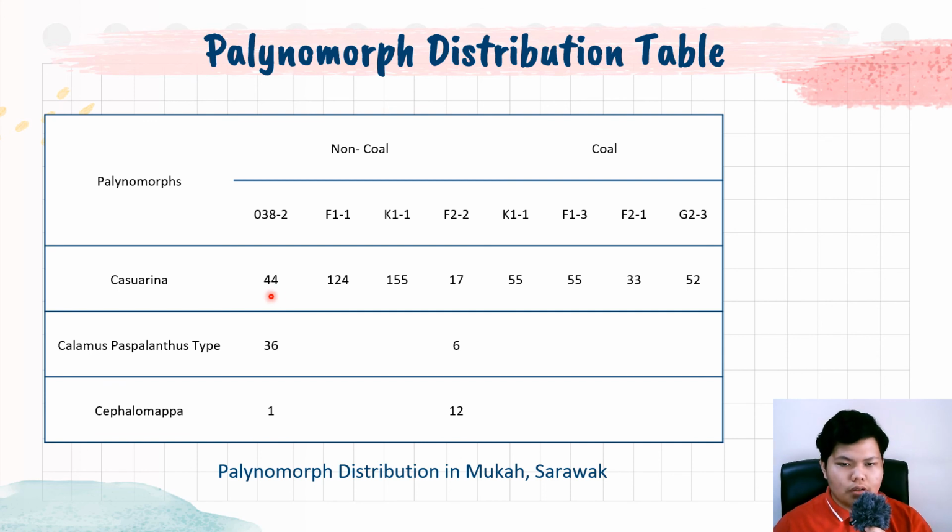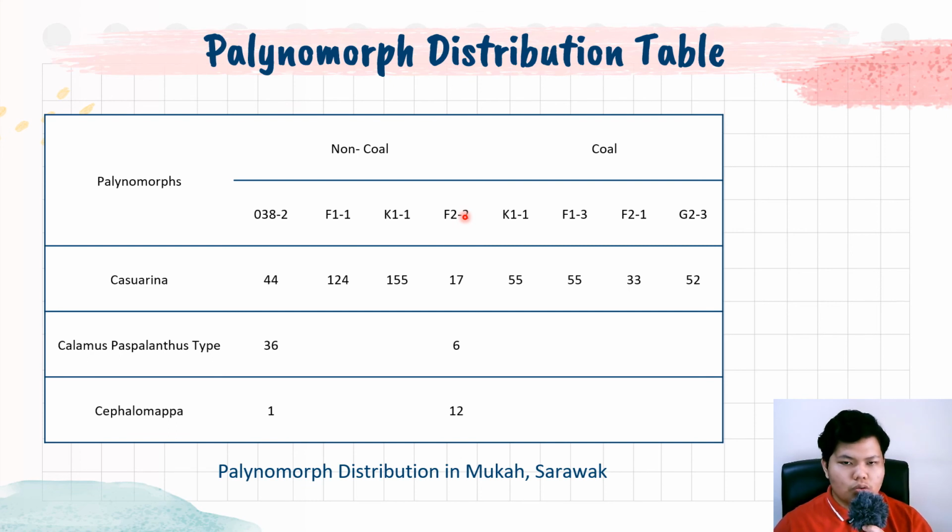For example, 44 Casuarina palynomorphs in the 038-2 rock sample, and 36 Calamus-Pasphalentus type palynomorphs in the 038-2 rock sample, and 12 Cephalomappa palynomorphs in the F2-2 rock sample.